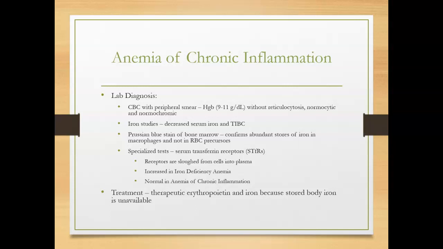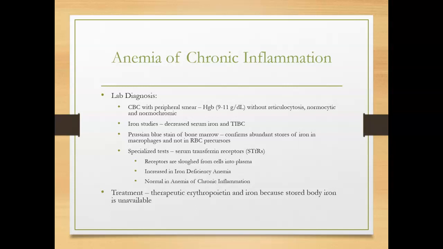We would do iron studies. This one would have decreased serum iron and a decreased TIBC. Remember, we had the increased TIBC with the other one. We would do a Prussian blue stain of the bone marrow, and that would confirm abundant stores of iron in the macrophages, but not in the RBC precursors. We want the iron to be in the RBCs where it belongs, not in the macrophages.